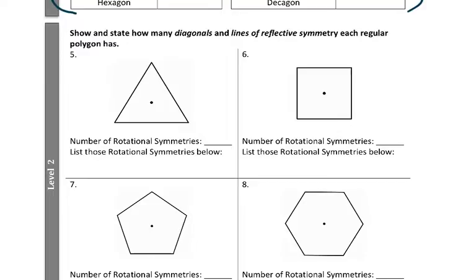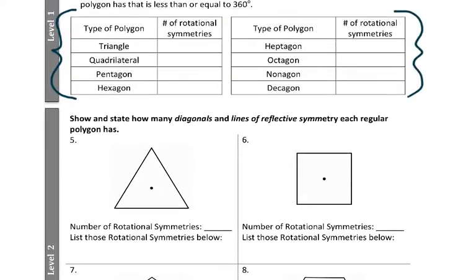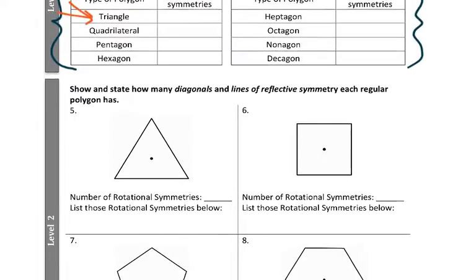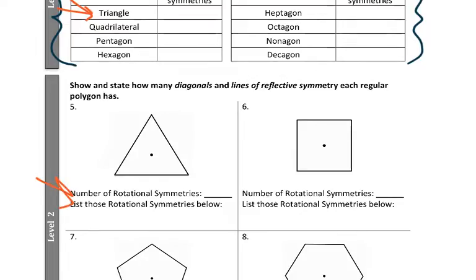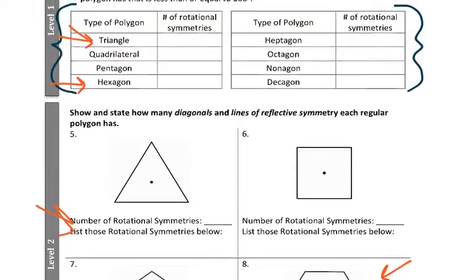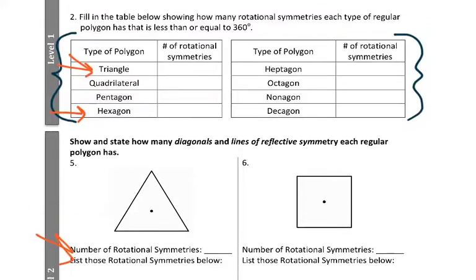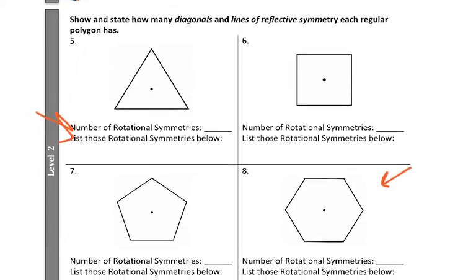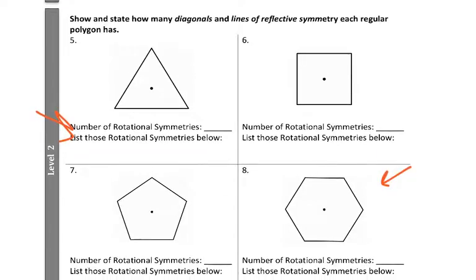For a triangle, I'll tell you the number of rotational symmetries here. Then you'll do the quadrilateral and the pentagon on your own, and then we'll talk about a hexagon over here. Notice that I'm not filling out this level 1 part of the table right now, but I hope that through my examples you'll be able to see how to fill that out really easily.